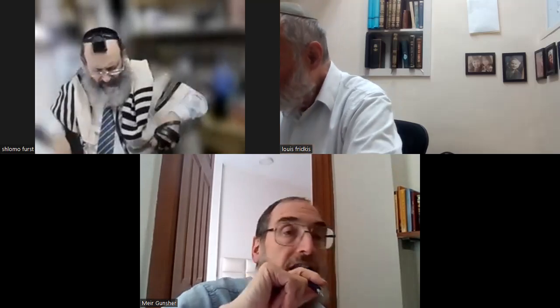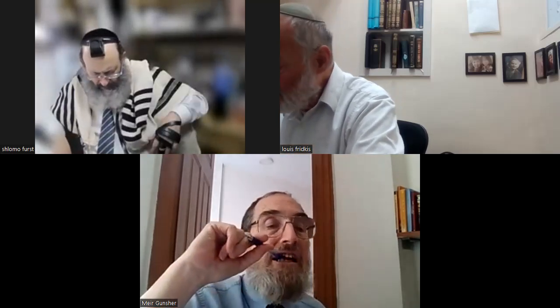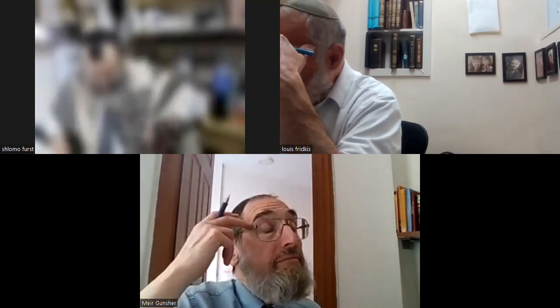But we said in Sif Aleph that it was kosher. Right, that's right, but only if it's going to be a minimum of the schach. If you make it a majority, then it'll be plus.